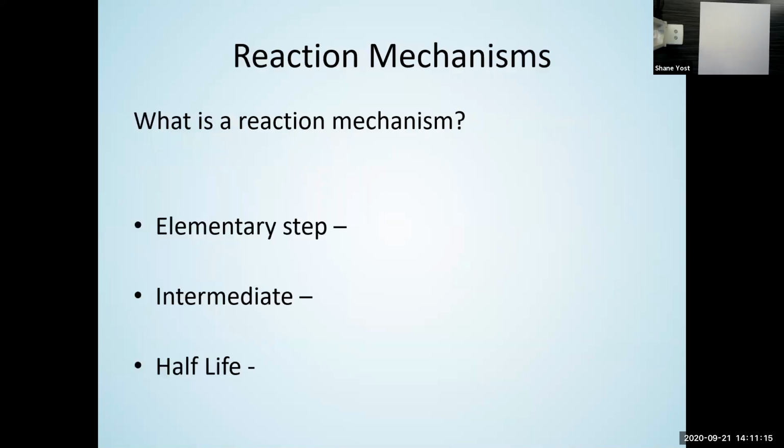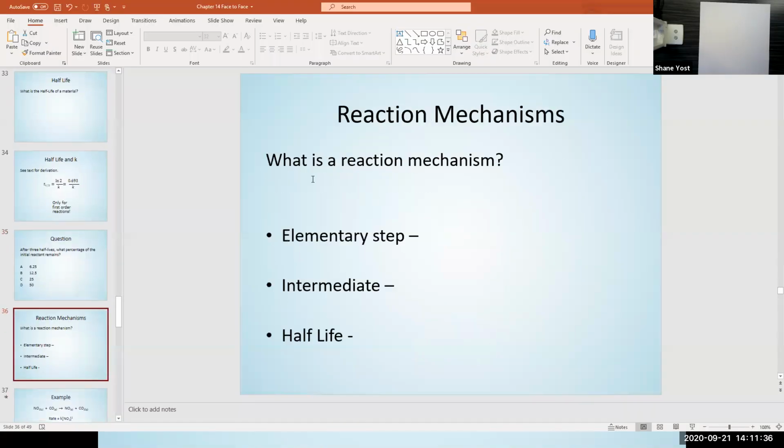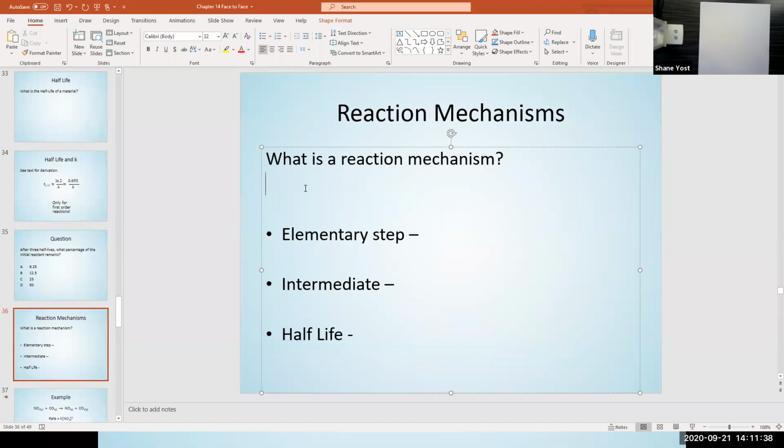All right, so now let's start talking about reaction mechanisms. What is a reaction mechanism? How would you describe a reaction mechanism?